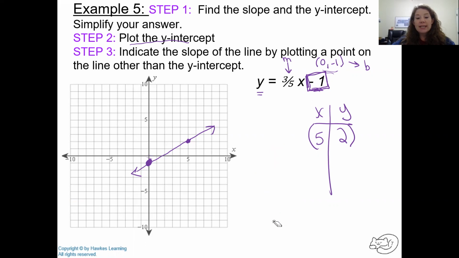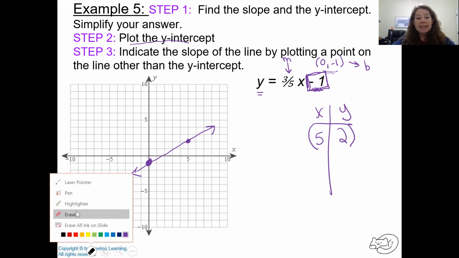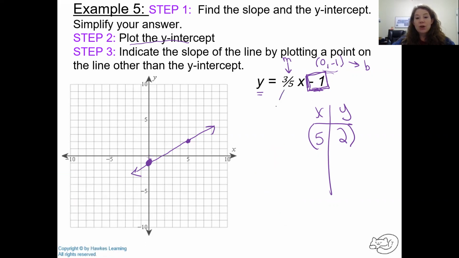Slope is always in the form of rise over run. So if you're in a chair and I told you to run across the room, first you would rise up out of your chair and then you would take off running, right? So in this situation, our slope is 3 over 5.